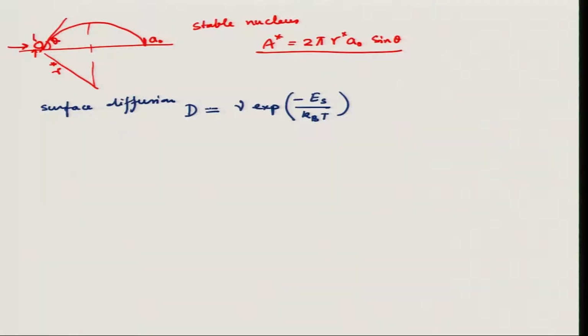Now, the impingement rate omega is by either direct impingement or the surface diffusion. So, this is tau s Pa over square root of 2 pi m k T into diffusivity times exp of minus Es over kBT.